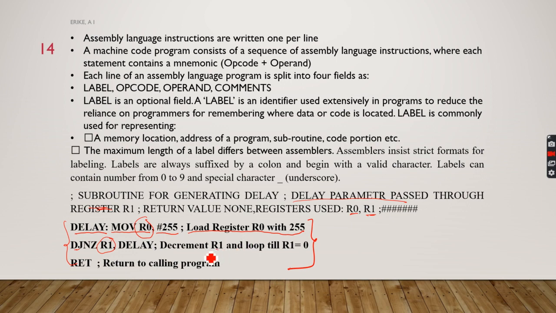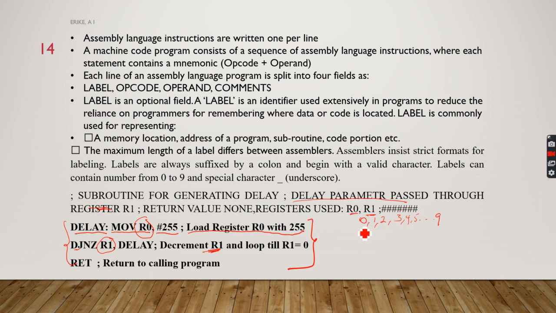It decrements the value, and for instance, let me just say you have to count from 0 to 9. I'm giving an example: 0, 1, 2, 3, 4, 5 to 9.